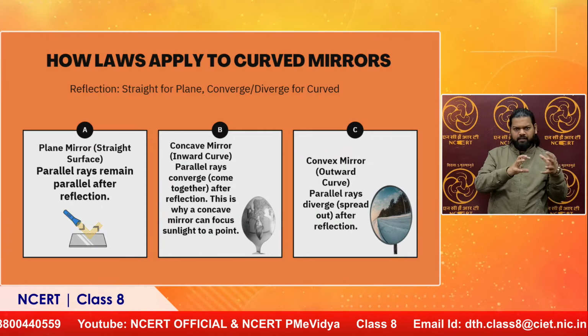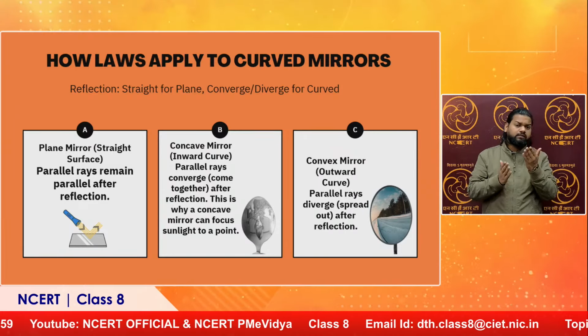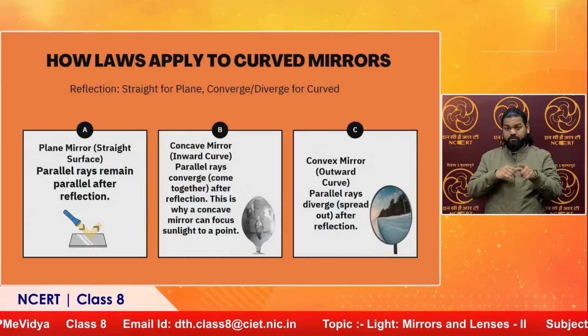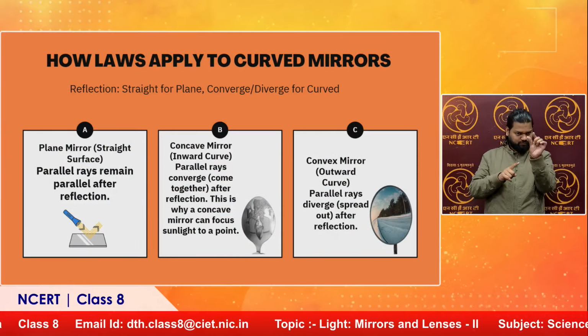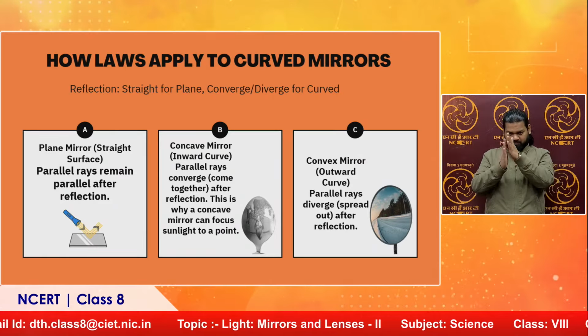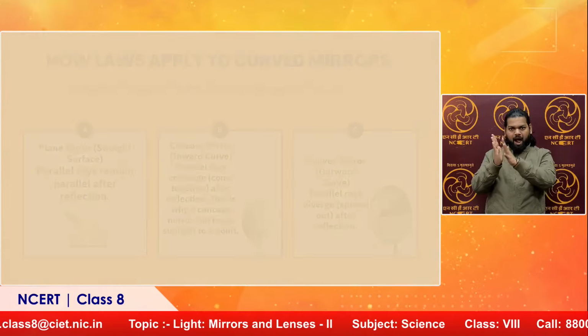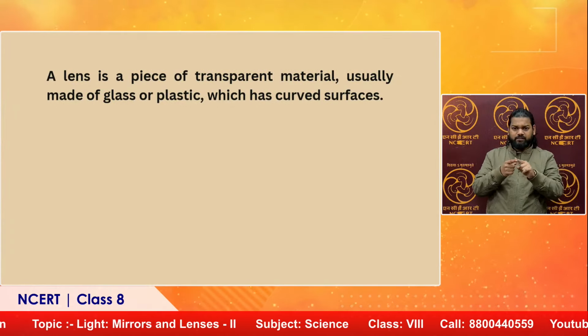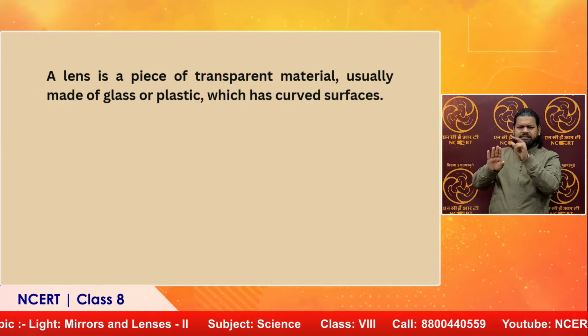So, what are the other surfaces from which light passes through? Those other surfaces are the lenses. We talked of mirrors: plane mirror, concave mirror and convex mirror. In mirrors, one side remains polished, but in case of lenses, they are not polished and you can see through and through, like your glasses.